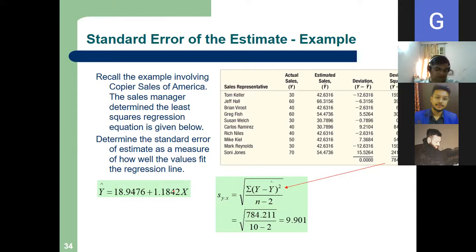So can we calculate this? Simple, we'll put in the formula. You can write down the steps for calculation of standard error of estimate.